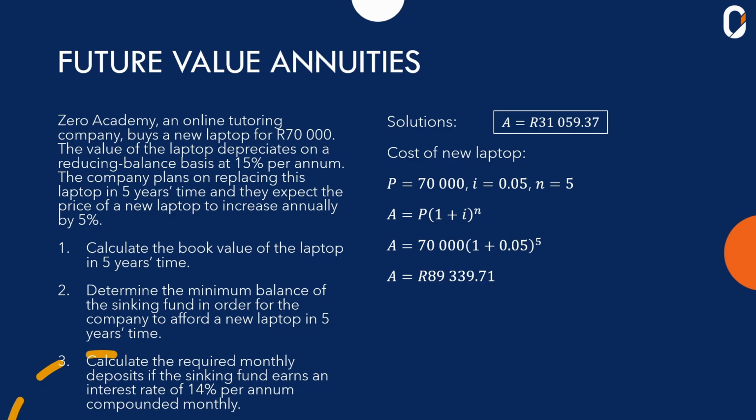And now, in order for the company to be able to afford that new laptop, assuming that they sell their old laptop, we calculate the cost of the sinking fund as follows.